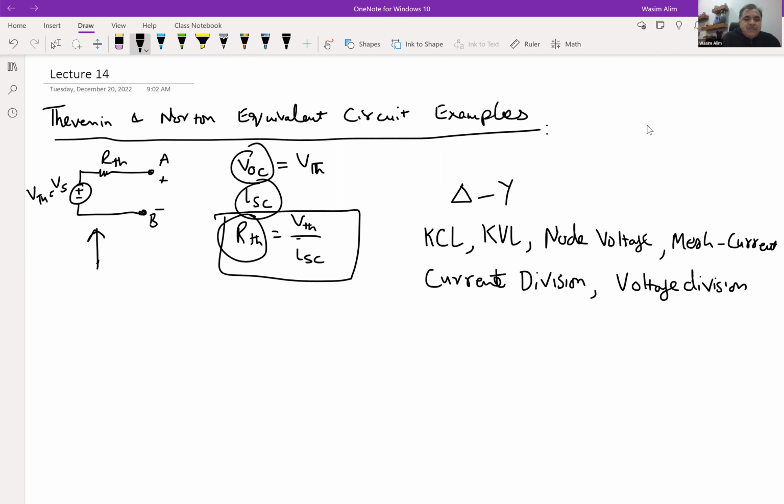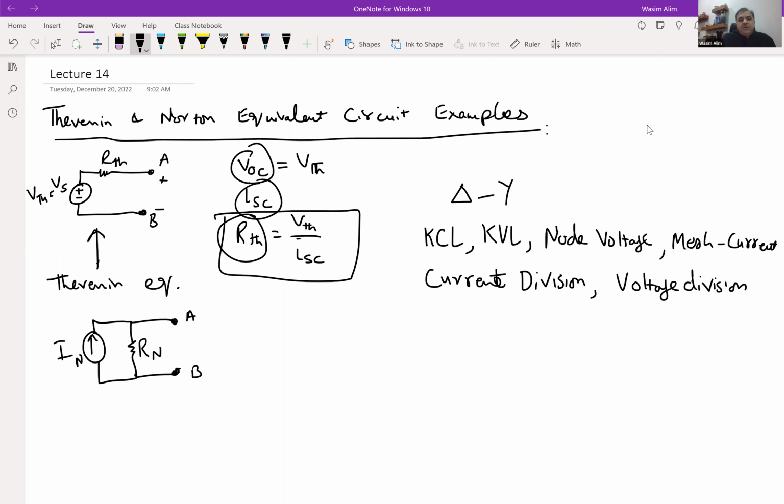So this is the Thevenin equivalent circuit. And if you were to represent it by a Norton equivalent circuit, that would be this form. So let's say we still have these ports A and B, R Norton and I Norton.